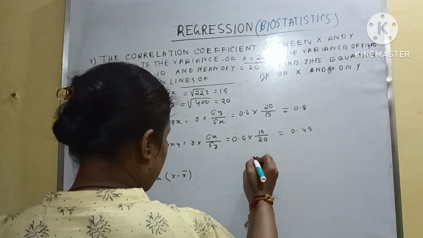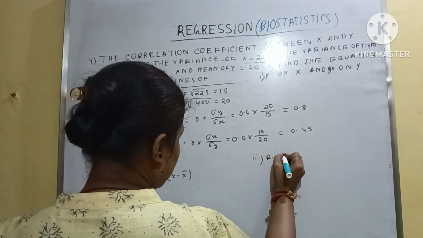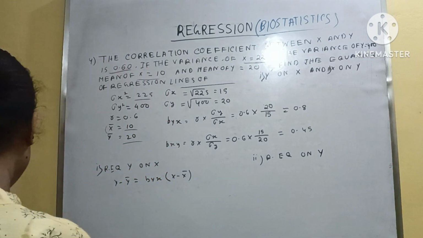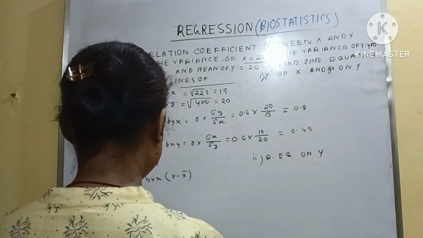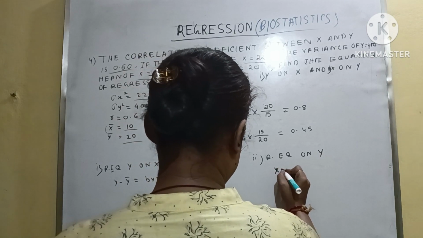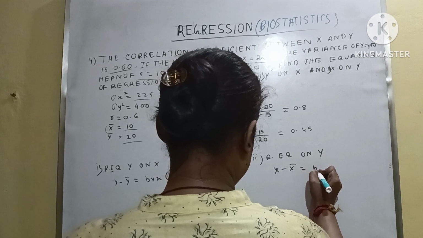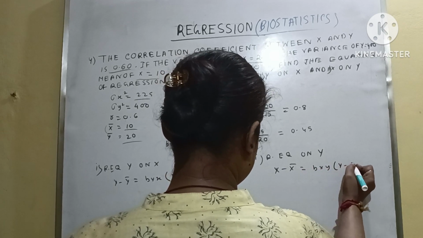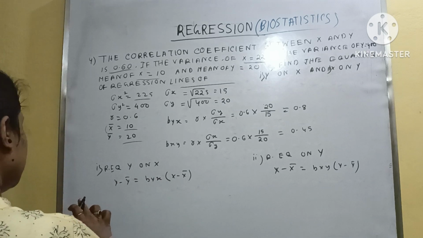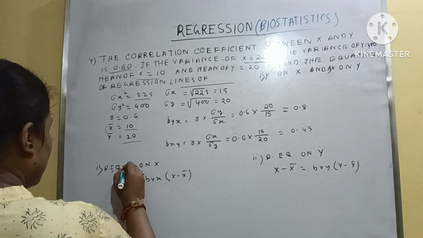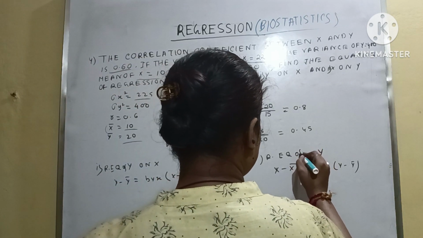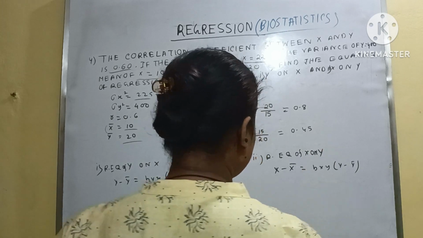And in the second case, the regression equation of x on y, that is x minus x bar equals bxy into y minus y bar. I have to write clearly, obviously. Regression equation of y on x and of x on y.